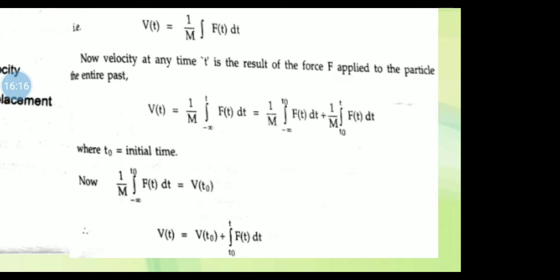So when we see this equation, it is clear that for the same input f of t, we get different values of the velocity v of t depending upon our choice of parameter t naught and the value of v of t naught.